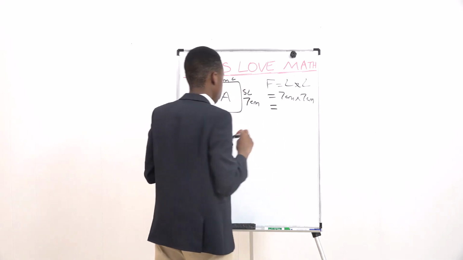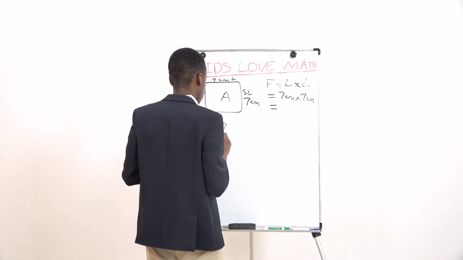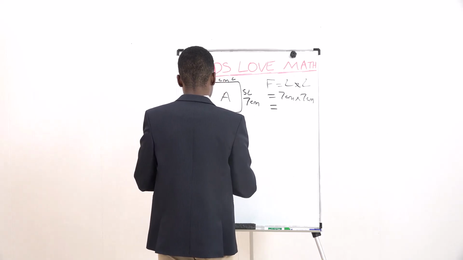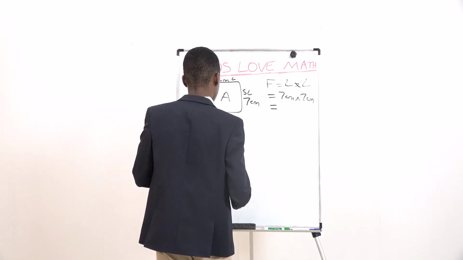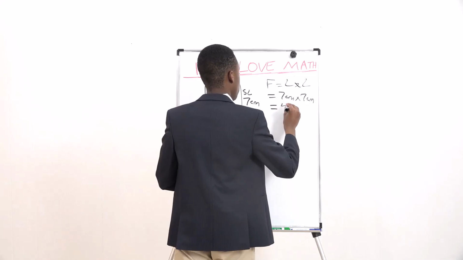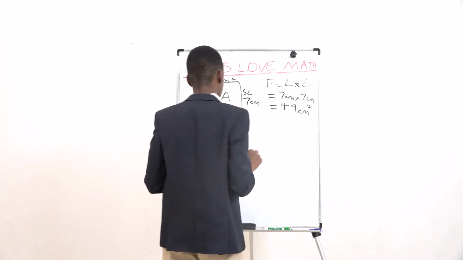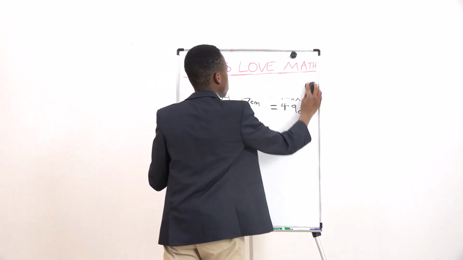And you should know that we do skip counting or multiplication tables. 7 times 2 is 14, 7 times 3 is 21, 7 times 4 is 28, 7 times 5 is 35, 7 times 6 is 42, and 7 times 7 is 49. So the answer is 49 centimeters squared. Good, that's what you got. Good job. That's the answer.